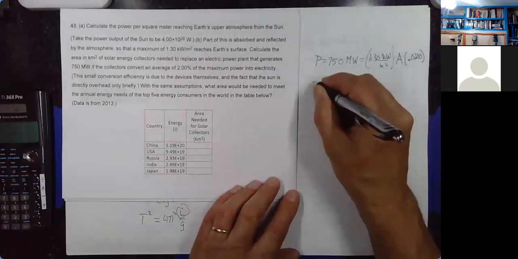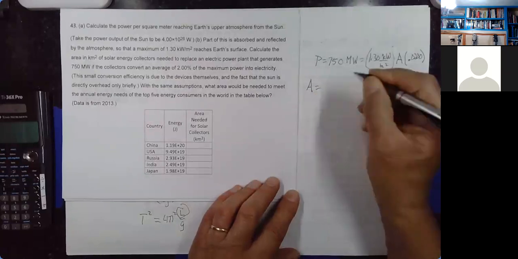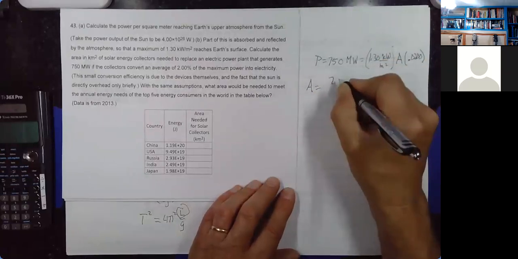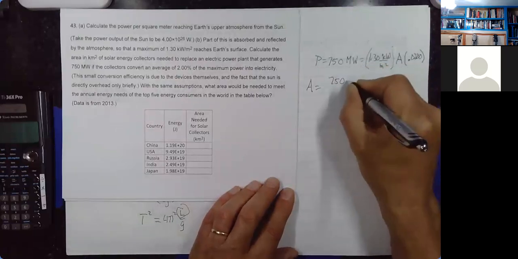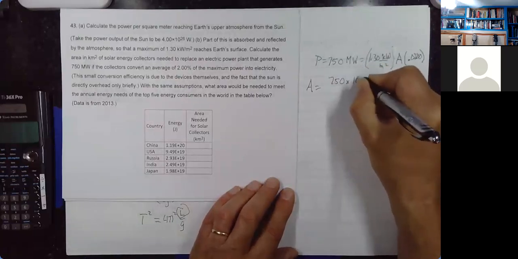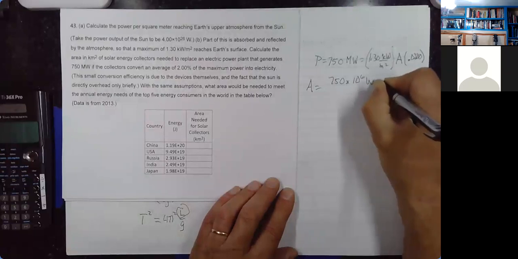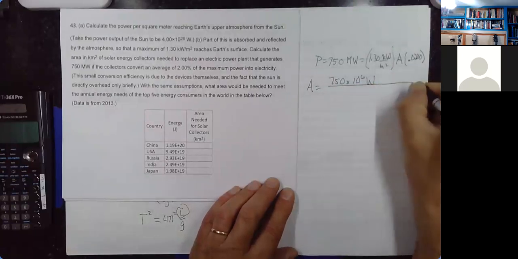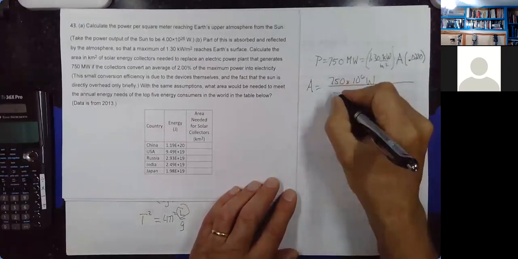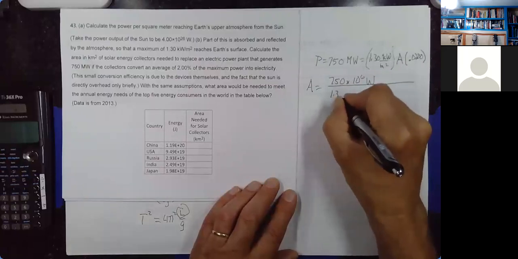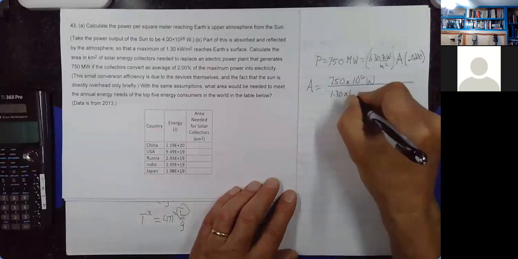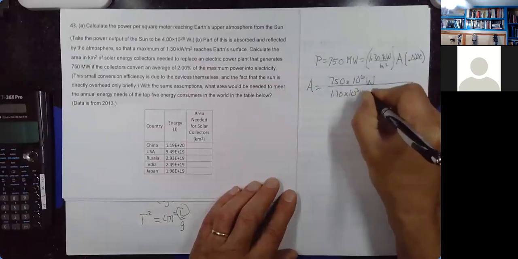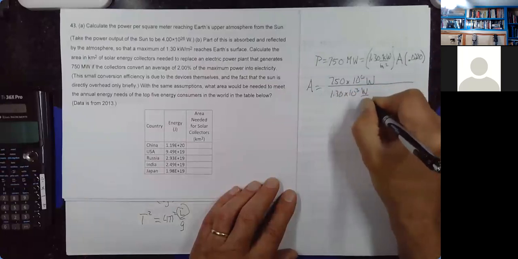If I solve for the area, it's going to be 750, and I'm going to replace that mega with times 10 to the 6th watts, divided by 1.30. That's kilowatts, so that's times 10 to the 3rd, and this is watts per square meter.